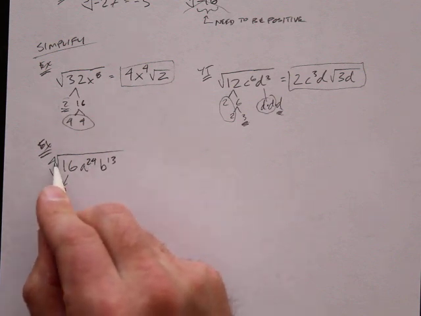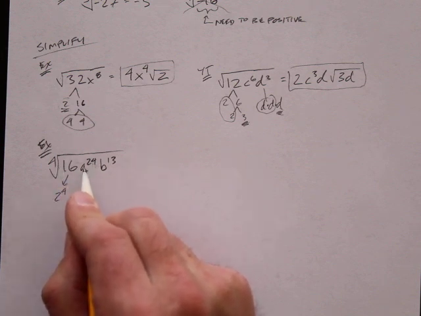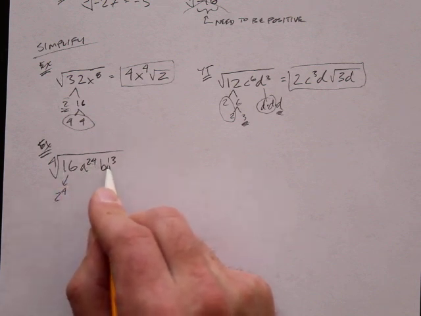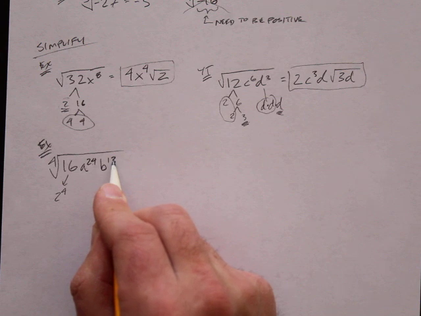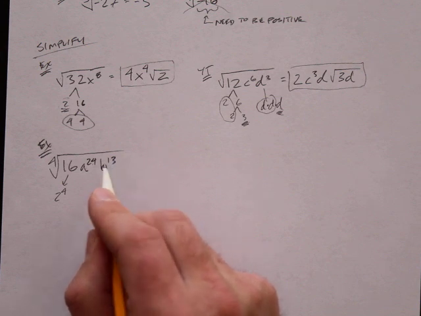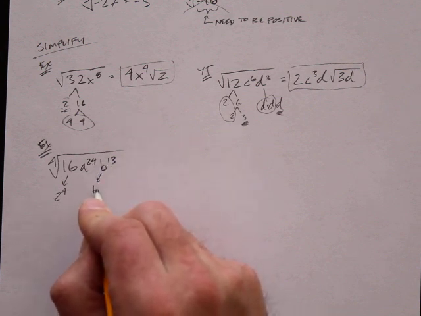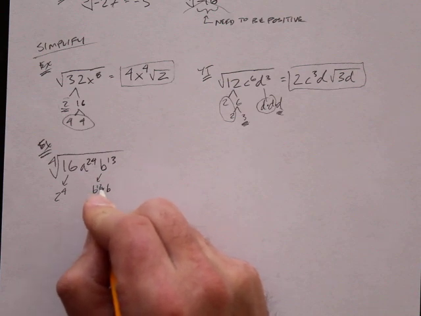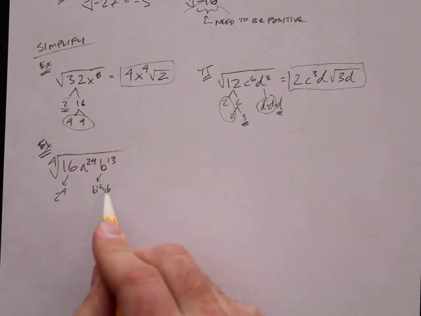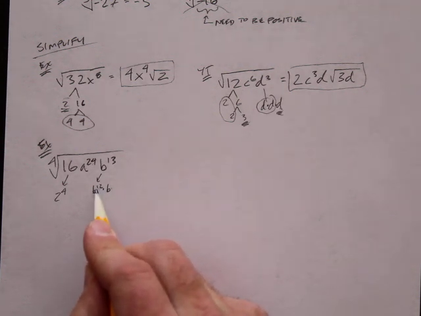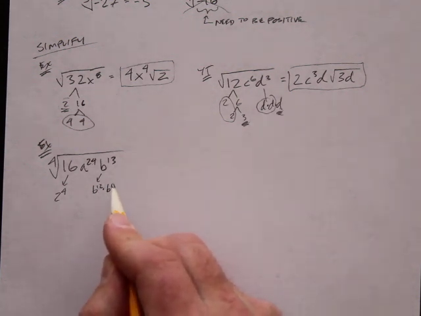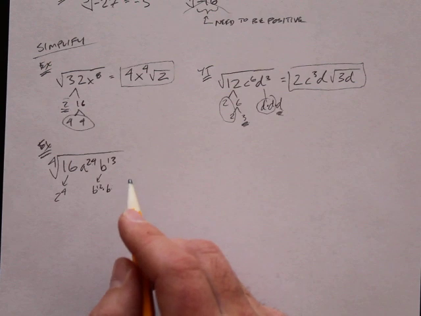And then I'm going to just divide 4 from 24 to get my a. And then b, I've got 13 here. So I'm going to think of this b as b to the 12th times b. Right? That'll get me b to the 13th, because remember, when we multiply, we add the exponents.